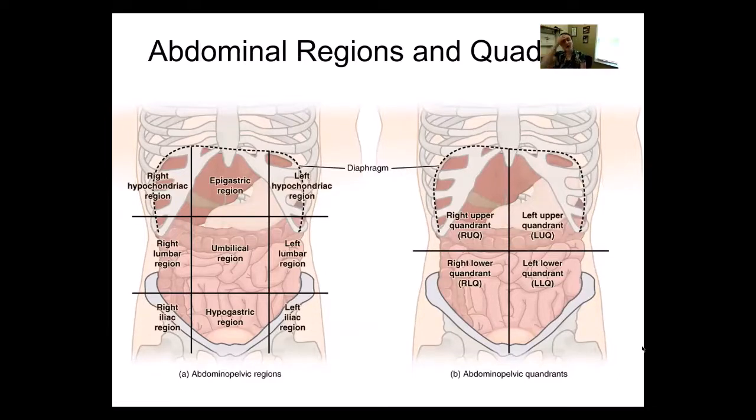All right, so as I said before, the abdominal region has a lot more going on in there than just the umbilical region. So here I want to break it down a little bit more for you. The abdomen, of course, is where a lot of your visceral organs are located. So if you have a pain up here, that's indicating a very different organ than a pain way down here.